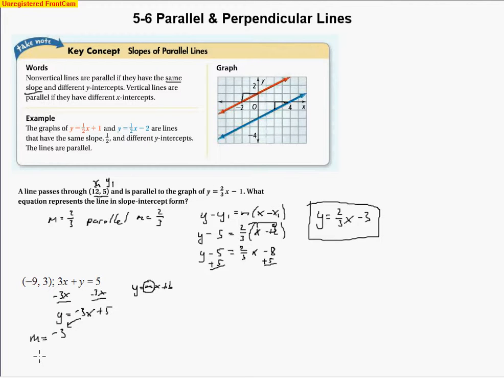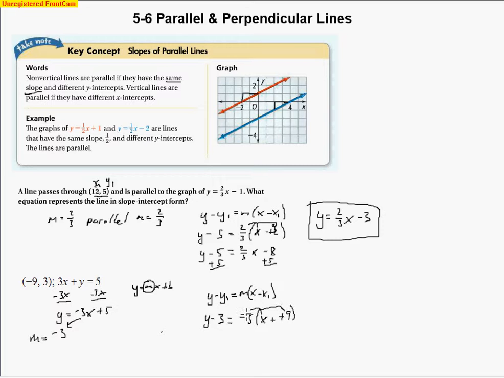Then I take the point, negative 9, 3, and plug it into my point-slope formula: y minus y1 equals m times x minus x1. So I do some work. Y minus 3 equals the slope, negative 3, times x minus negative 9, and that minus a negative just makes a positive.